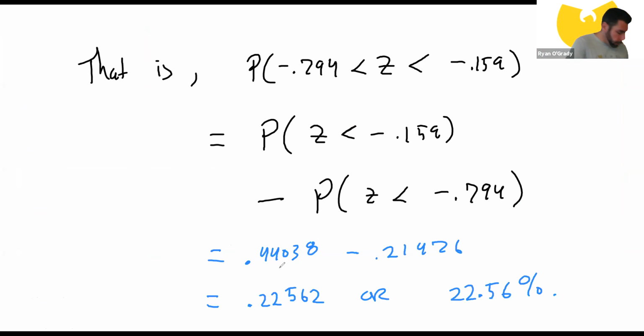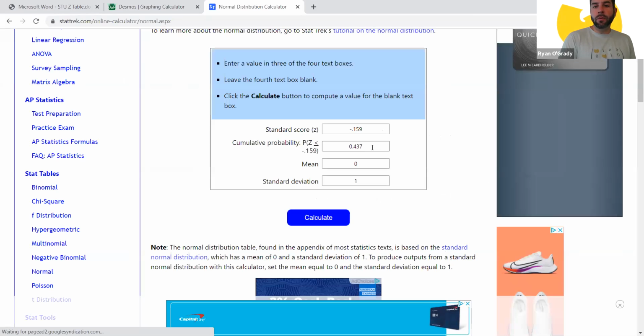So this is actually a good point. Notice we used 0.44038 because when we read our table, we were using different values. So that's a very good question here. Why are we getting different values? This is good for extra credit. Why is the value of Z less than negative 0.159 that we got differing so much from what they got, 0.437?